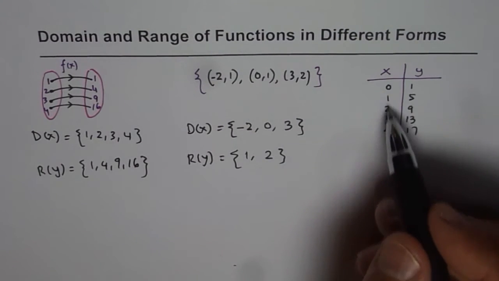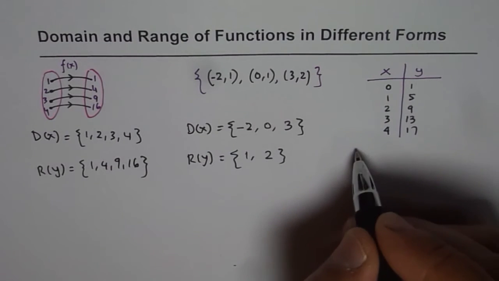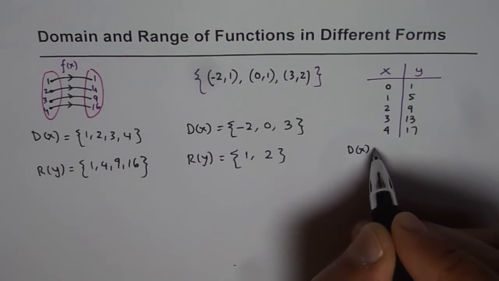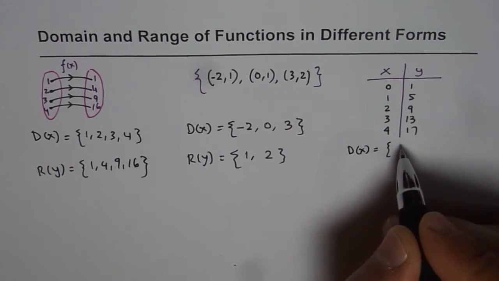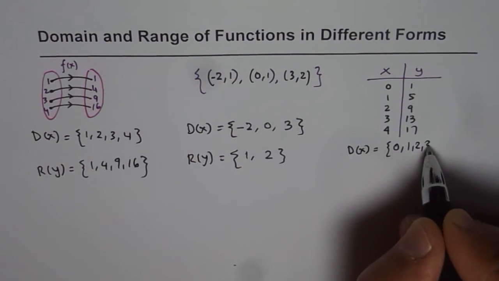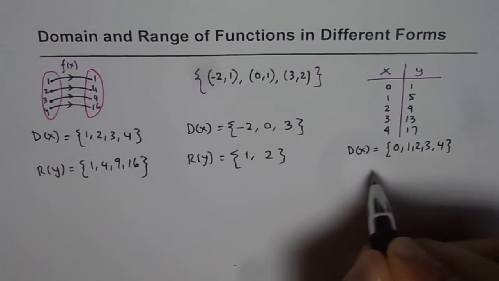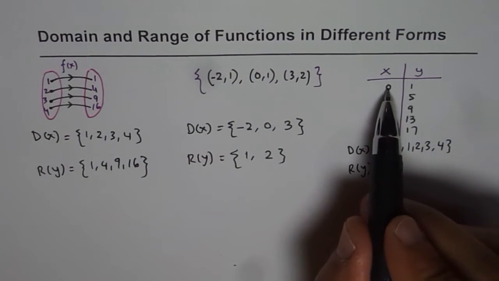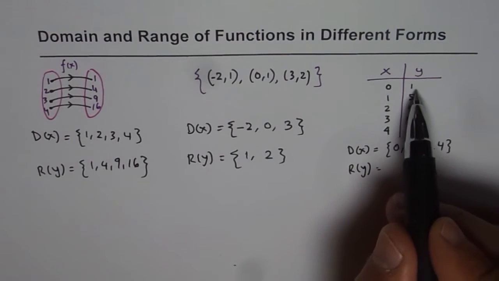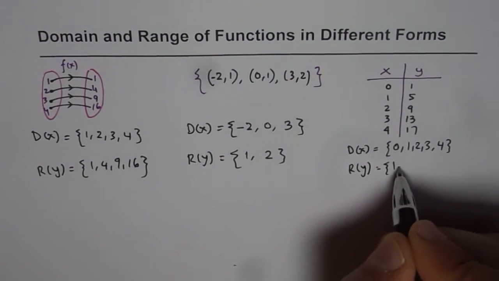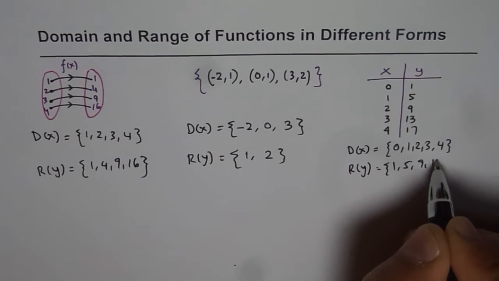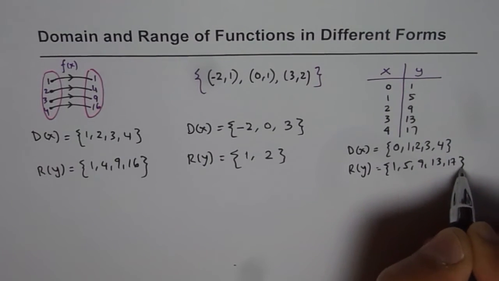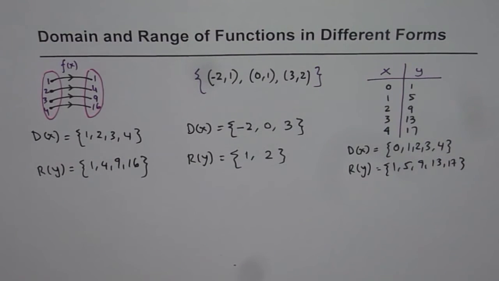Well, as you know, domain is set of inputs. So here domain is equal to the whole numbers 0, 1, 2, 3 and 4. And the range is all the y values associated with the x values, 1, 5, 9, 13 and 17. So that becomes the range for this particular function.